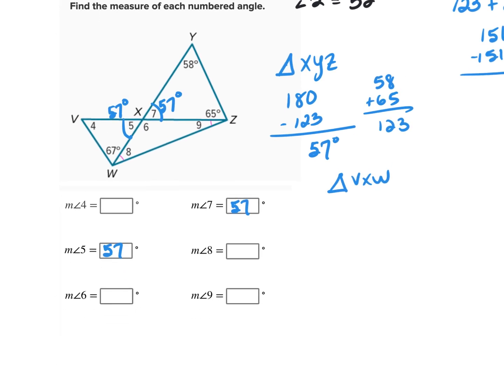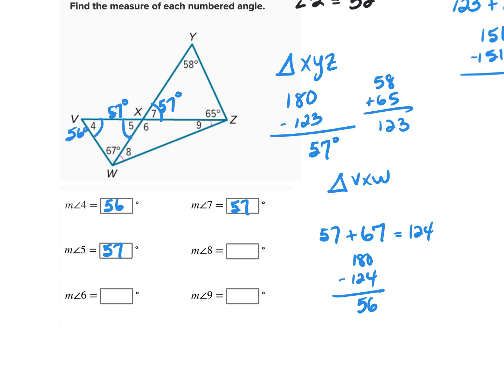Okay, so for angle number 4, you should have gotten 56 degrees. Okay, and that's because when I do 57 plus 67, I get 124, and 180 minus 124 gives me 56. All right, so I have 56 degrees here.